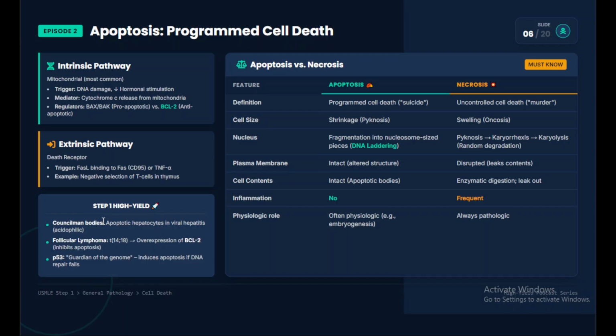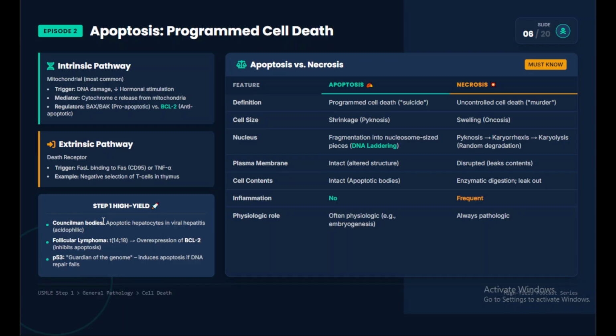If you do a biopsy of the patient, go into the lab and put the biopsy tissue under the microscope, you will see apoptotic hepatocytes in the viral hepatitis, and they appear acidophilic, and that is simply called Councilman bodies, right?